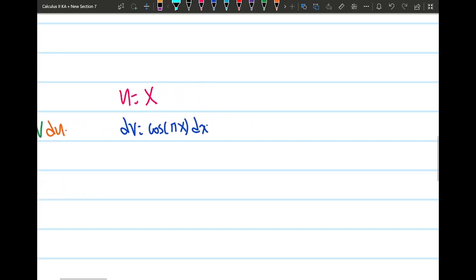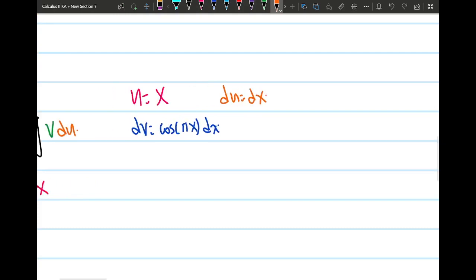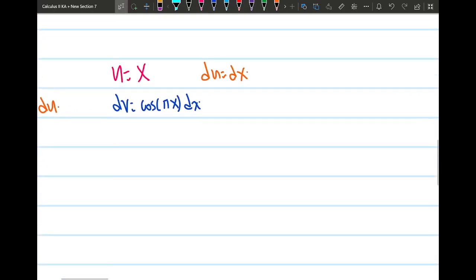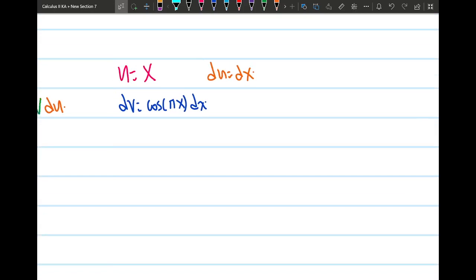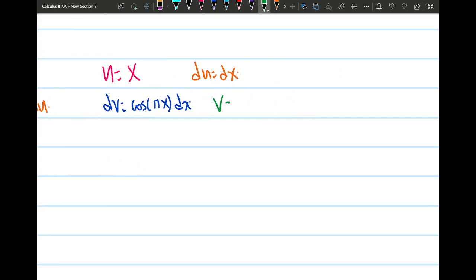So du is really just the derivative of u, so du will just be dx. And now dv is this one, so I need to find v. In order to find v, I need to integrate this stuff here. So if I do that separately, v is really the integral of cosine of pi x dx.